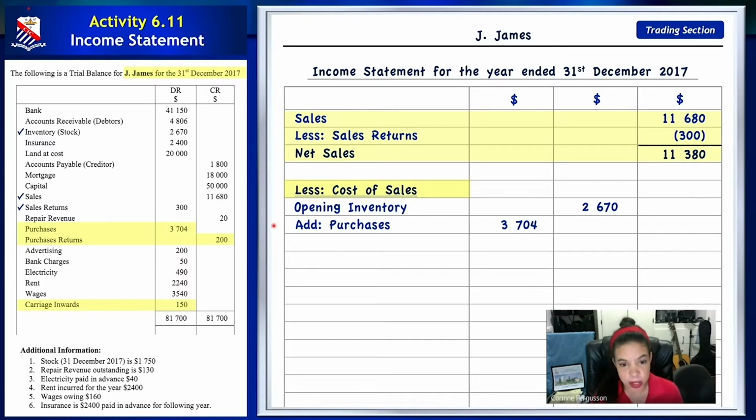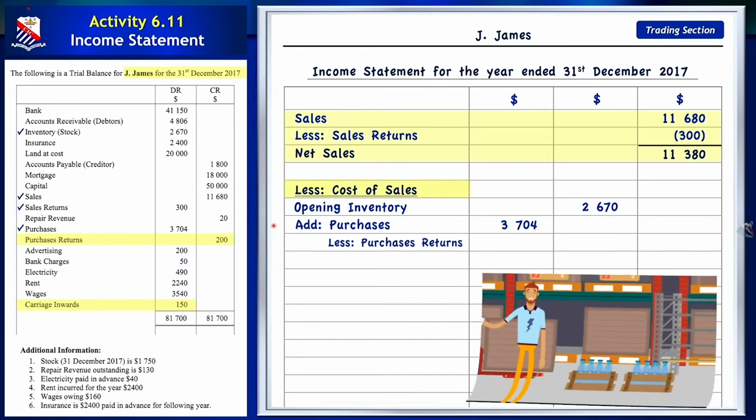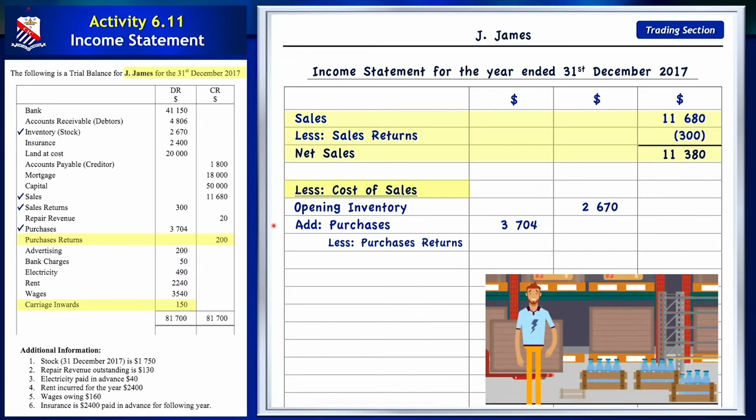And the first adjustment we're going to make is we're going to less purchases returns. So we're lessing purchases returns from purchases because you have returned those goods. They no longer belong in purchases. You don't have that stock anymore. Purchases would be the stock that you had purchased.